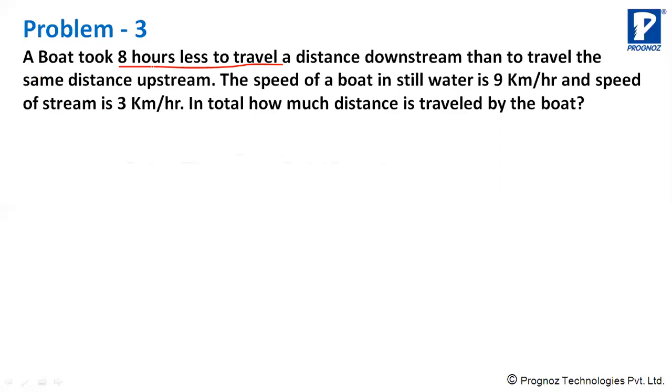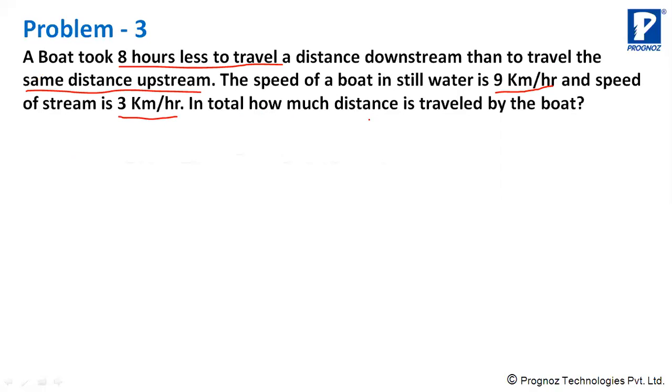The speed of a boat in still water is 9 kilometers per hour, that is, V is given as 9 kilometers per hour, and the speed of stream is 3 kilometers per hour. U is given as 3 kilometers per hour.